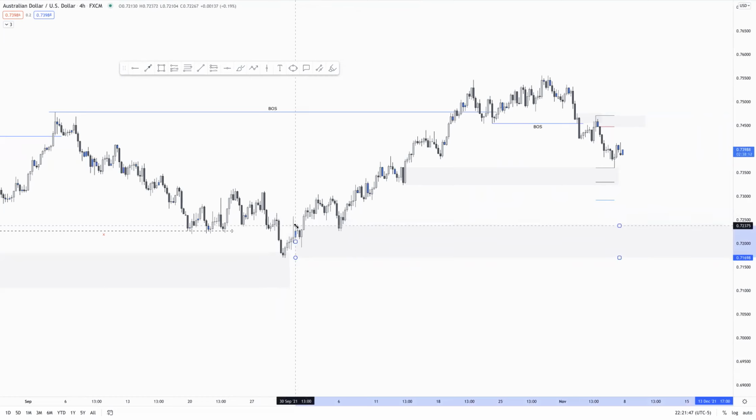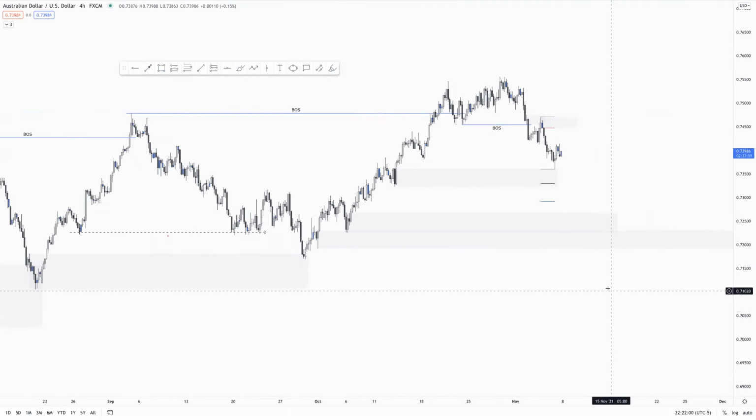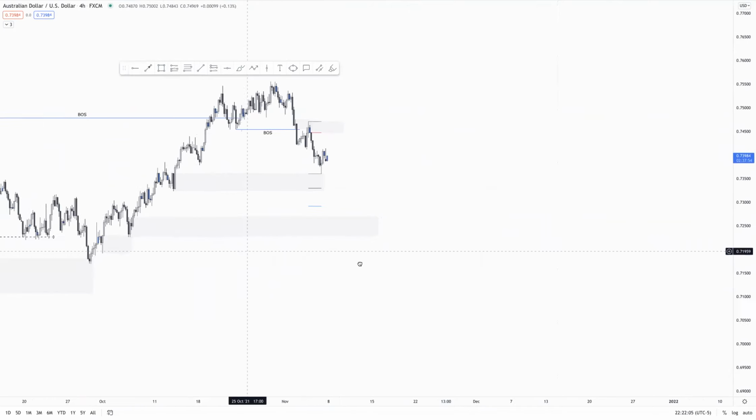Within this, we had this here. It was mitigated with this here. So a realistic expectation for price would be for it to trade into this level right here. That is a very reasonable expectation for price to trade into that.